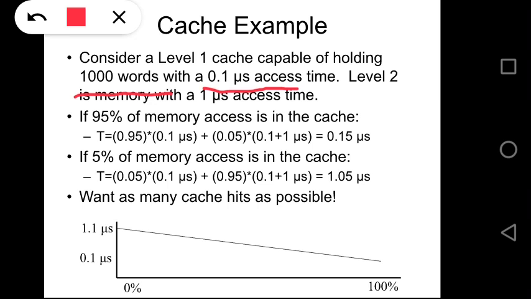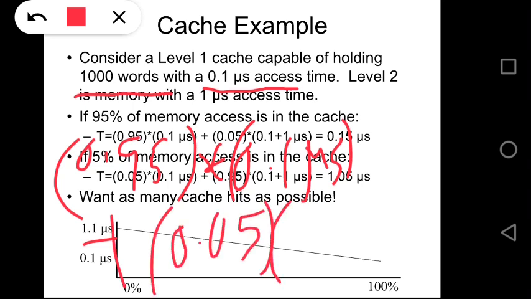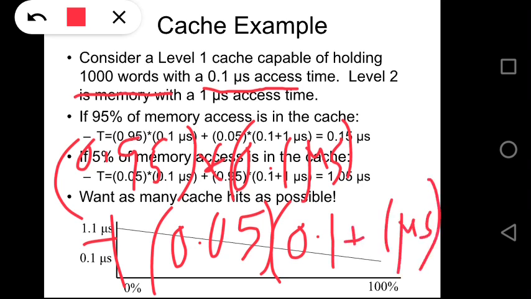If 95% of the memory accesses are in the cache, then 0.95 times it takes 0.1 microseconds. 0.05 times it takes 0.1 plus 1 microsecond, because first you will refer to the cache.